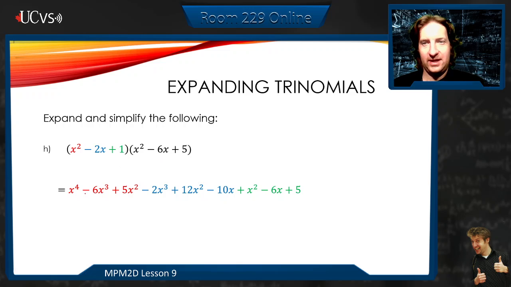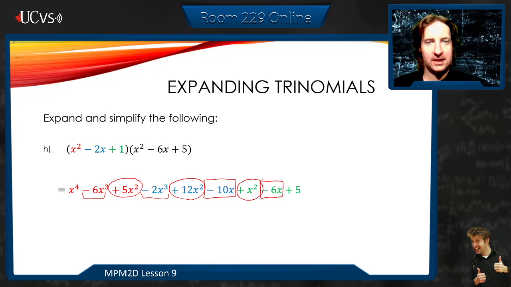So what do we have here? We have negative 6x cubed. Any other cubes? Oh, there's one there. What about squares? I have 5x squared, sorry, 12x squared, and another 1 here. And then I have negative 10x's and negative 6x's. So when I simplify that, what am I going to get?